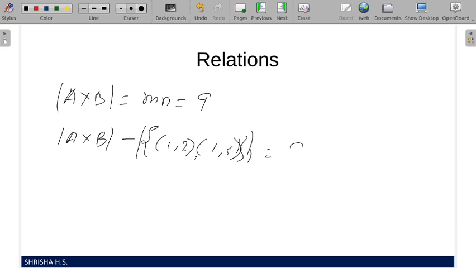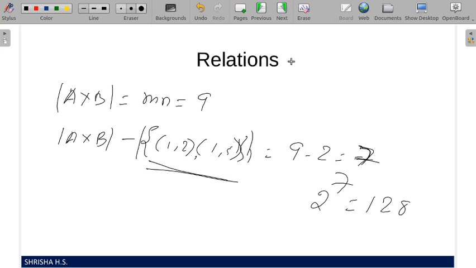So that will be 9 minus 2, 7. So the number of relations from A to B, keeping in mind that these two do not participate in our power set formation, only the 7 remaining ordered pairs participate in the power set formation. So it is 2 to the power of 7, that is 128 is the answer.